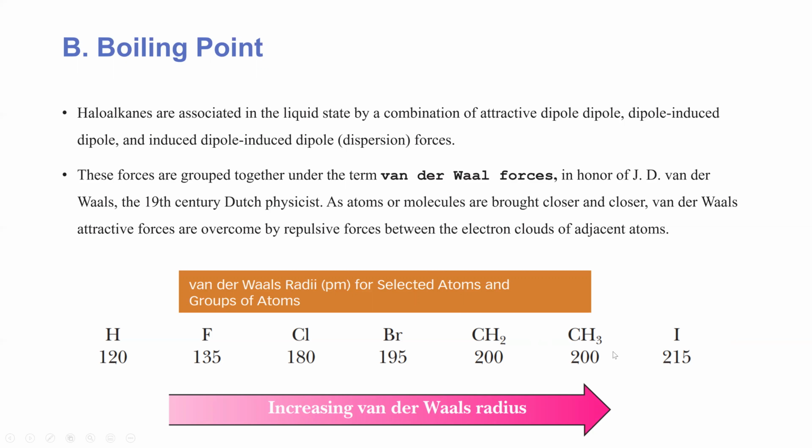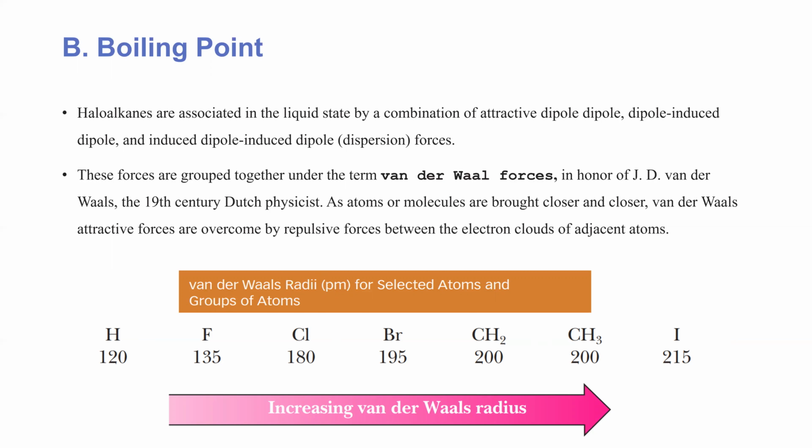And if we compare within these halogens, fluorine, chlorine, bromine, and then there is a methylene, and a methyl, and the iodo, and a hydrogen. So this is the van der Waals radii for selected atoms and groups of atoms. Van der Waals radius is basically the minimum distance for the attraction of the molecule, and this is not creating strain in a molecule.